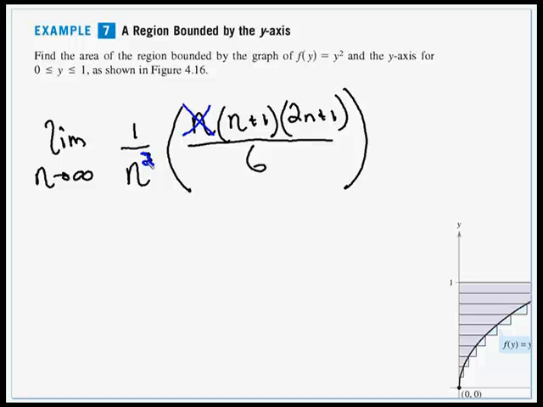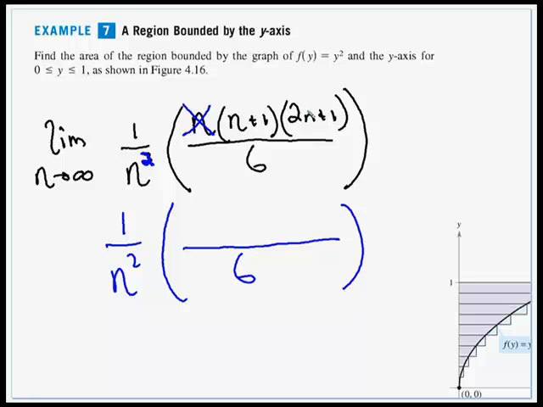So that's now an n squared. And let's see what happens. We have our 1 over n squared. And we'll work inside our parentheses here. It's all going to be over 6. And if we FOIL this out, n times 2n, 2n squared. We're going to have a plus n plus 2n's, that's going to be a plus 3n. And then 1 times 1 is 1.